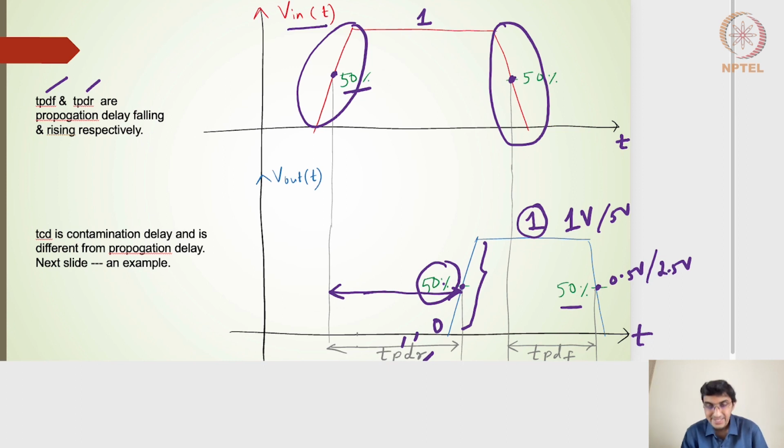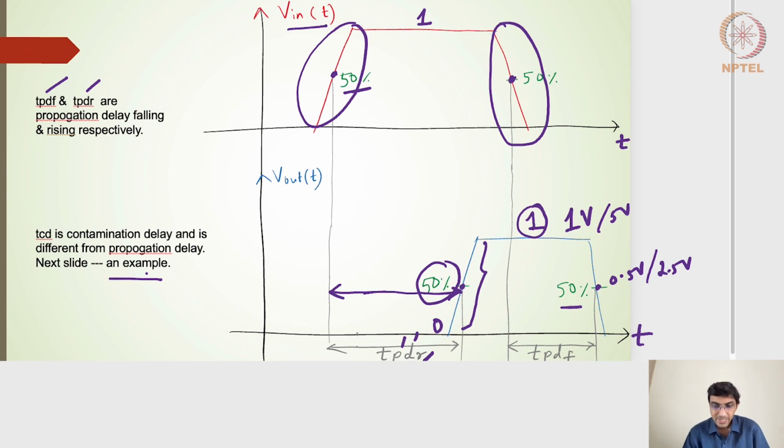We will take that as the propagation delay rising, right? And then we have another definition called the contamination delay, and contamination delay falling, which we will look into in the next slide.